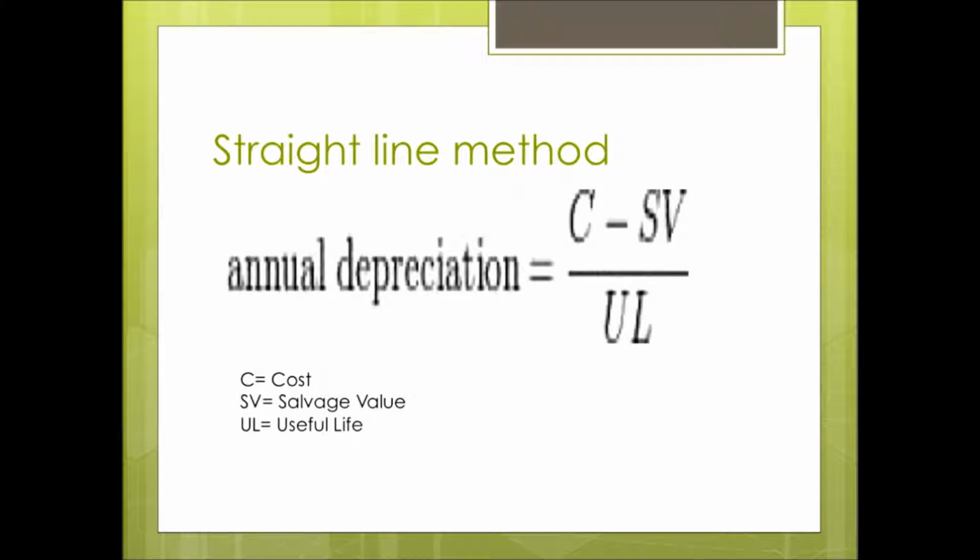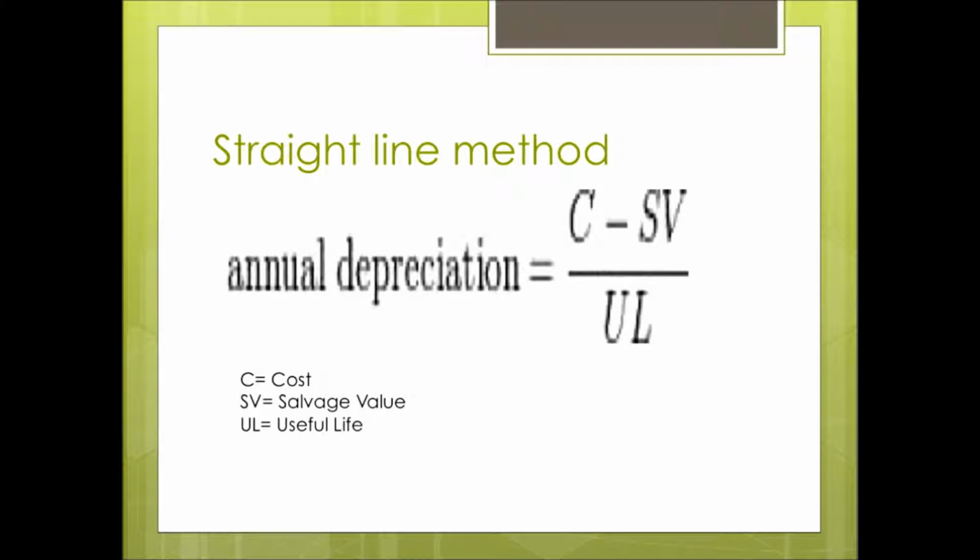That's how much you paid for this certain equipment or machinery. The salvage value is the estimated value that an asset will realize upon its sale at the end of its useful life. And the useful life is how long we are able to use this certain machinery until it's done, until we're no longer able to use it.